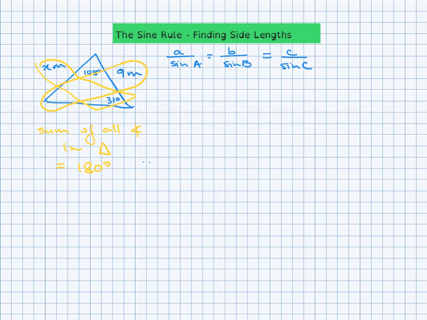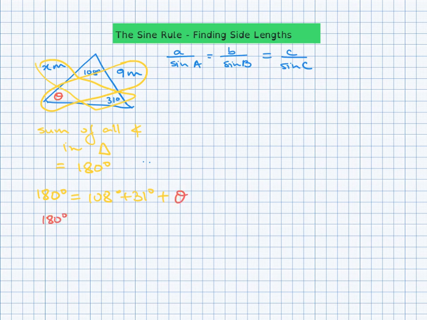Which means 180 is equal to 108 plus 31 plus something we don't know. Let's call that angle theta. We can call it anything we want.